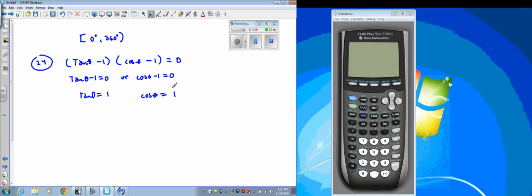Now, remember this is degrees. So where is it 1? Cosine 1 would be 0. Okay, what you can do is you can do sine theta over cosine theta. So it's where these two are the same, and they're positive. I mean, the result is positive. 45.